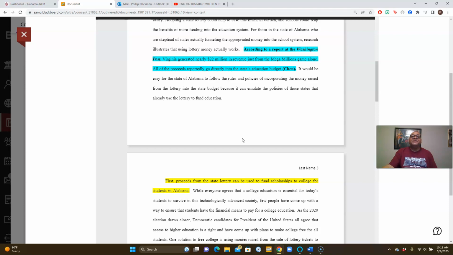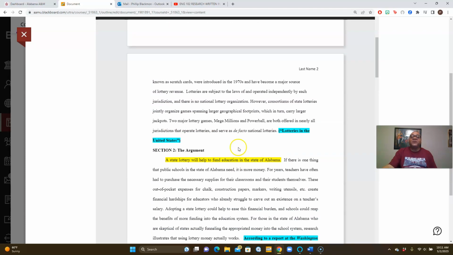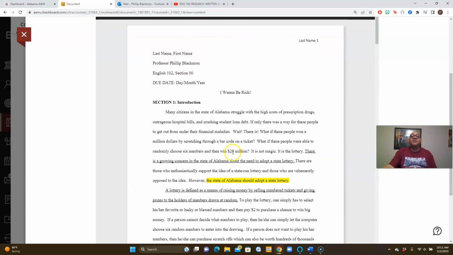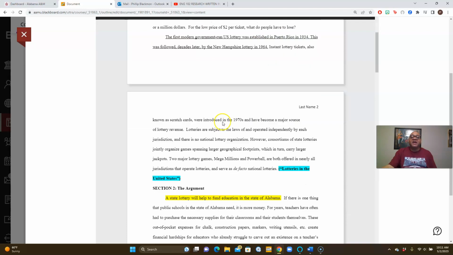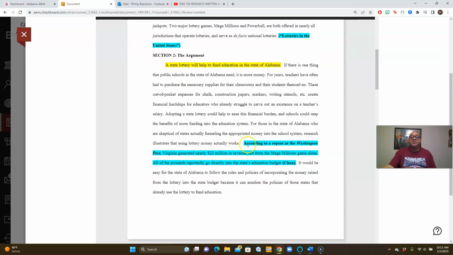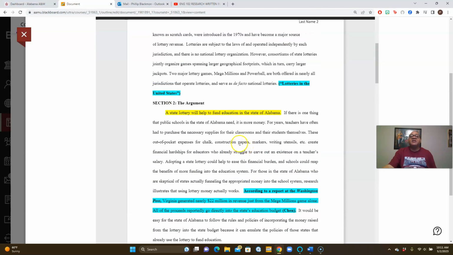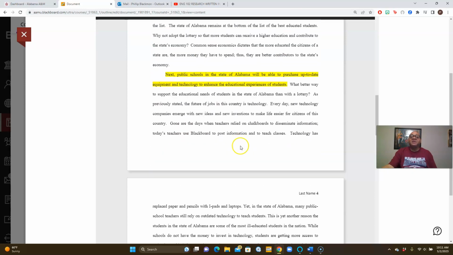No, you do not. I am only highlighting these things because I need to show you where they came from in the outline, right? Everything in yellow was on the outline. Everything in blue was on the documented outline. It's your research. Everything that's not highlighted, these are my own words, and this is what I am expecting of you.